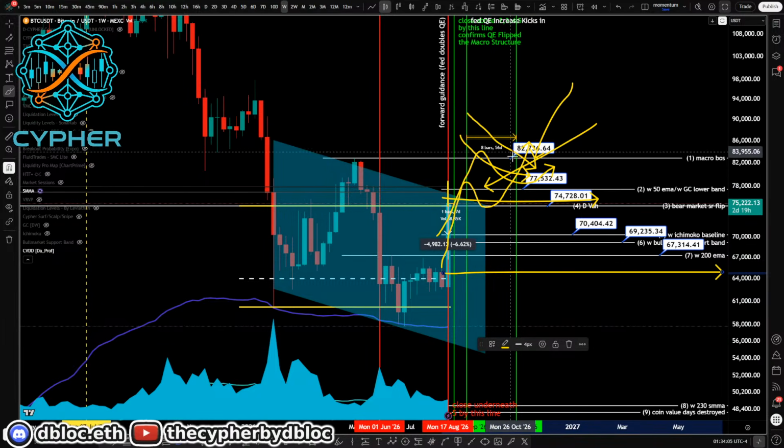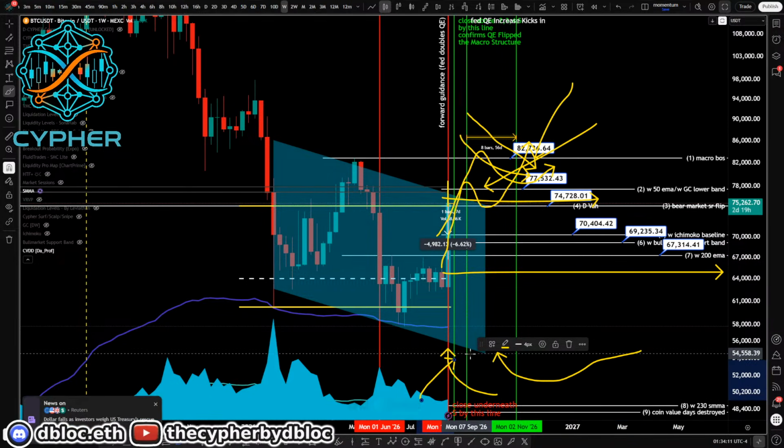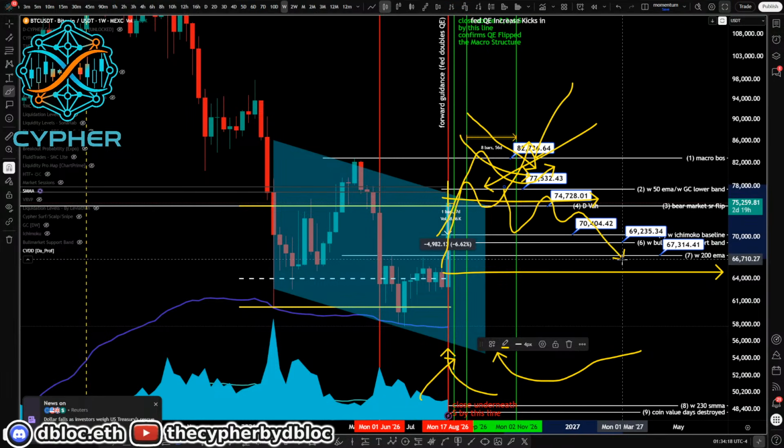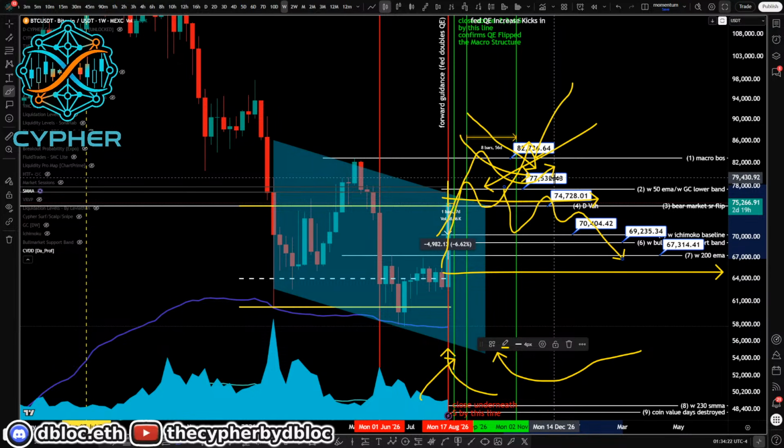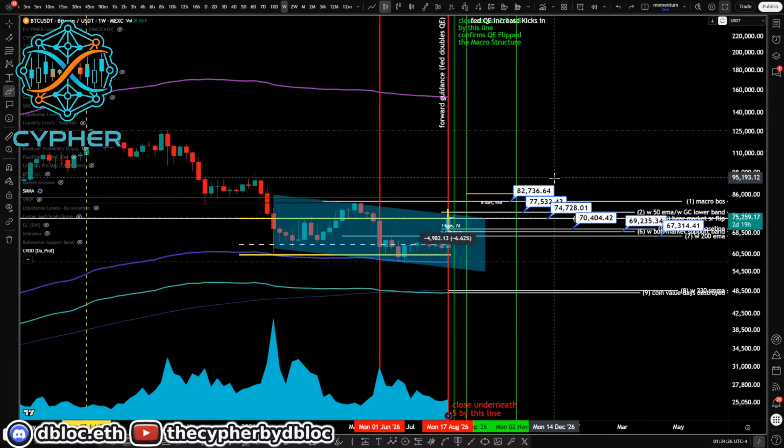All it means is if those get invalidated when we do retrace, I'm not going to fall in love with the idea of these lower numbers playing out. If they do, great. But I will be defensively DCing into the retracements if we invalidate the macro structure, which has always been my argument from the beginning of the bull market. Wait for the evidence.